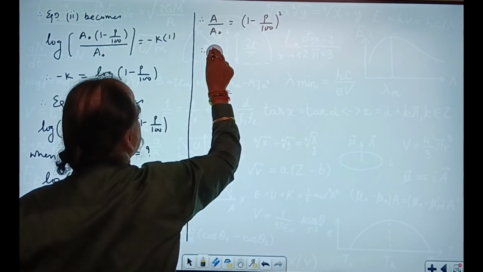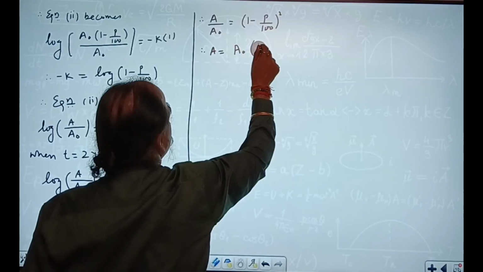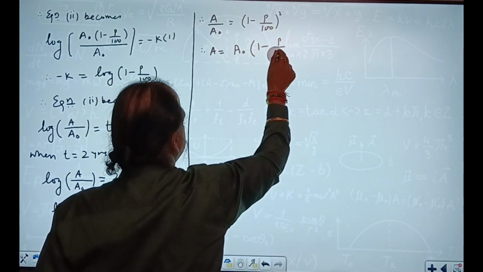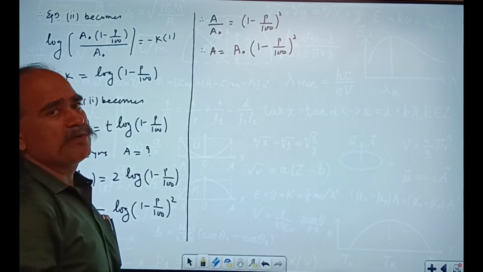So A is A0 into 1 minus P by 100 whole square. This is the amount left.